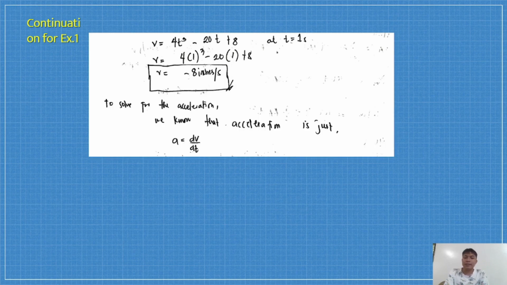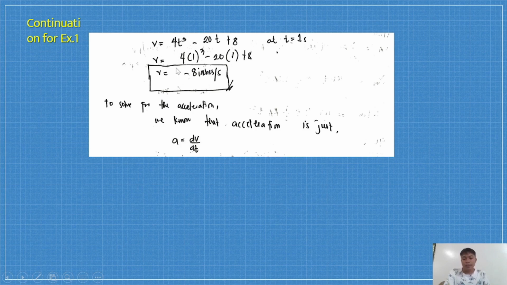Now, to solve the acceleration, we know that acceleration is just the change of the velocity per change of time, so the delta v over the delta t. As discussed earlier, since we already have the equation for our velocity, 4t cubed minus 20t plus 8, we differentiate that with respect to time.